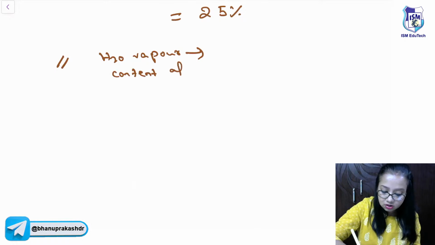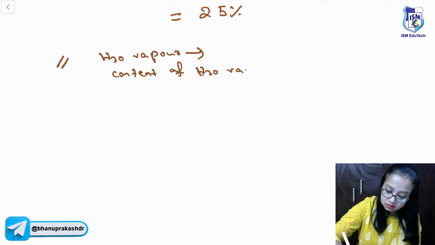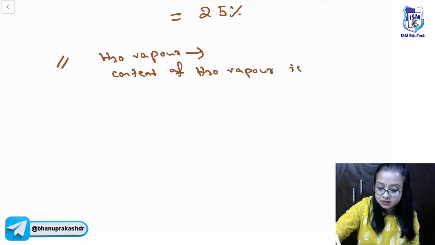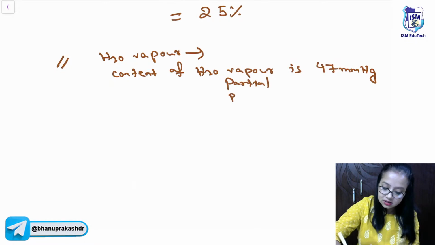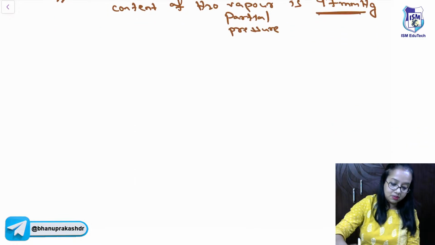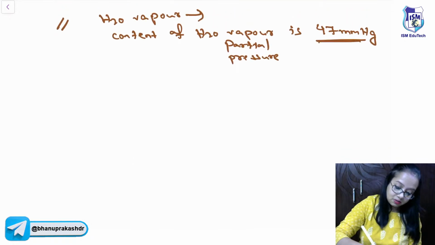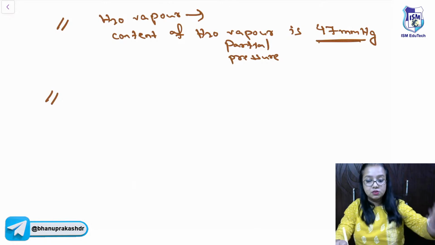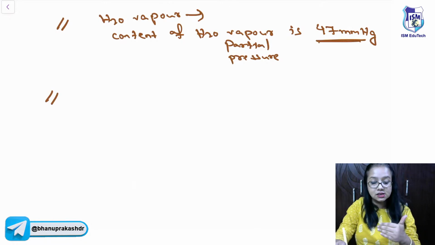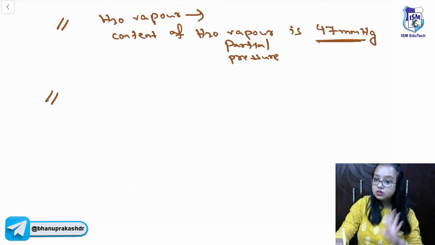The content of water vapor in terms of partial pressure is 47 mmHg. This is something we have to remember. Now, by the time the air gets into the alveoli, when we are inspiring air from the atmosphere, the oxygen that is getting inside the alveoli again gets mixed up, because it is a mixture of gases.